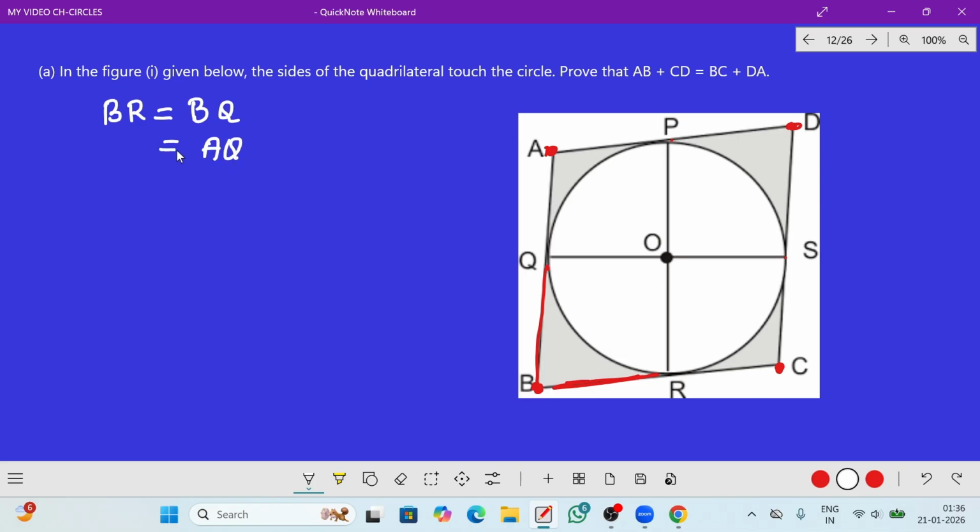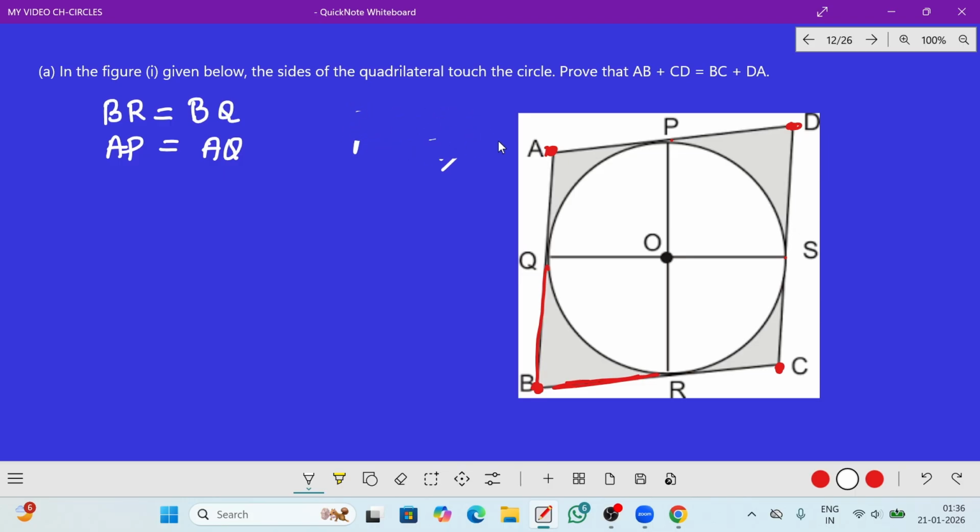Why am I writing AQ this side? Because when I add BQ plus AQ, I will get AB. That is what we have to prove here. So that is why I have written this side. I have not written BR is equal to BQ and AQ is equal to AP the other way, because when I add, I will not get the addition in a sequence.